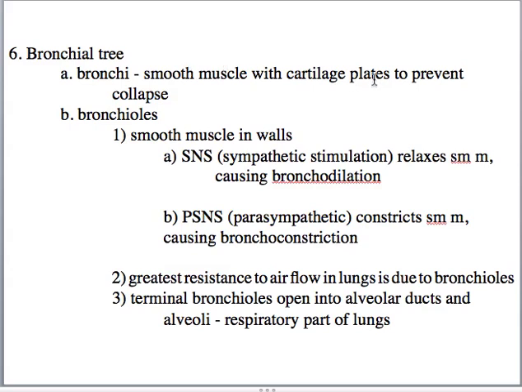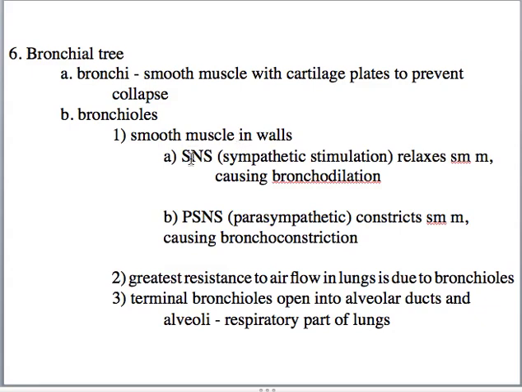So bronchi have cartilage plates with smooth muscle inside them. And then bronchioles are even smaller than bronchi. Those are smaller branches that are not visible. You can only see them microscopically. You cannot see them with the naked eye. And they are composed of smooth muscle in the walls.